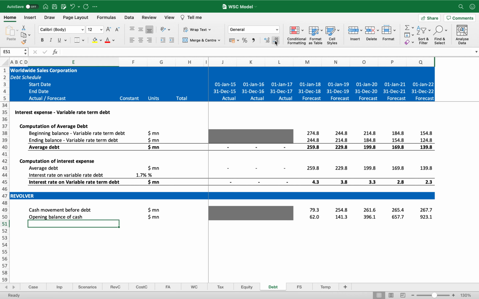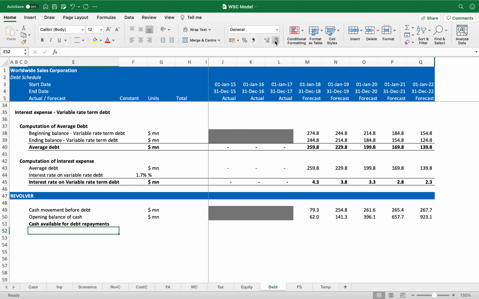Now, as of now, I haven't paid anything, right? So whatever cash that I generate during the year plus whatever cash balance that I have, isn't that my cash available for debt repayments?